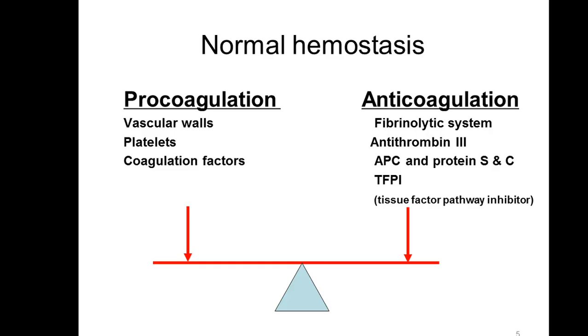There are main players of normal hemostasis, procoagulation and anticoagulation factors. Procoagulation factors include vascular walls, platelets, and 13 coagulation factors. And anticoagulation factors are the fibrinolytic system, antithrombin 3, activated protein C, protein C and S, and also tissue factor pathway inhibitors.